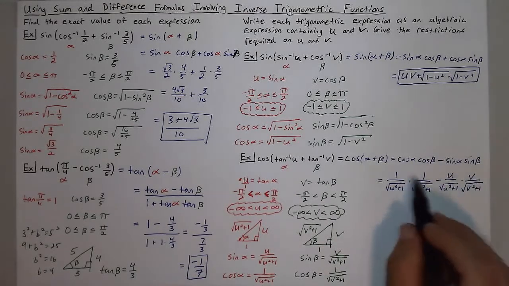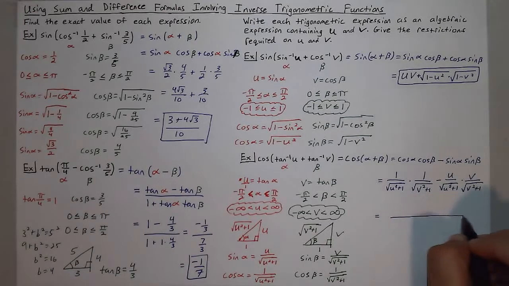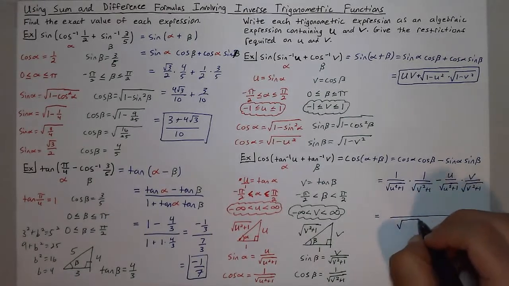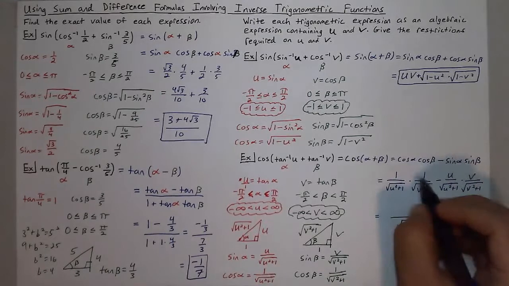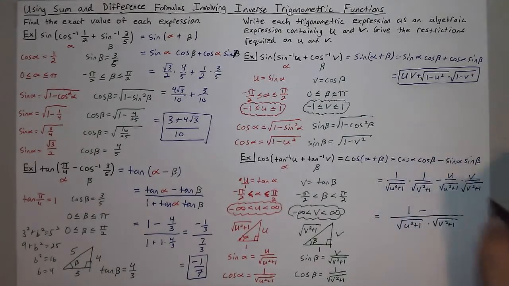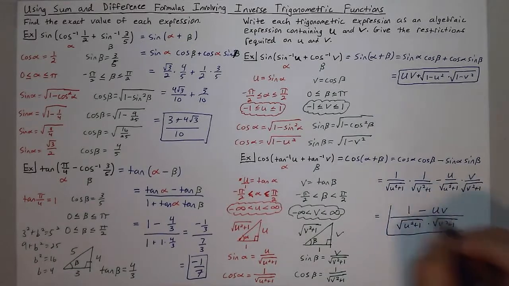Both of these terms have a common denominator of the square root of u squared plus 1 times the square root of v squared plus 1. And then their numerators would be 1 times 1, which is 1, minus u times v, which is uv. So I get this expression.